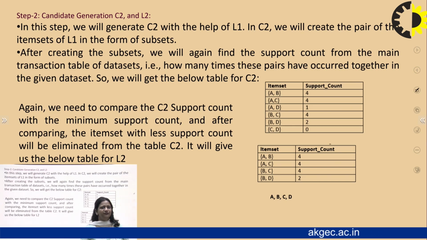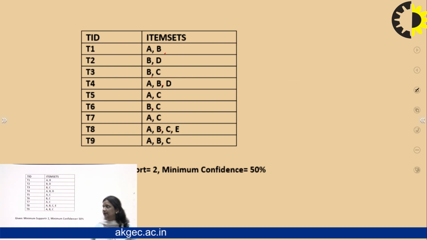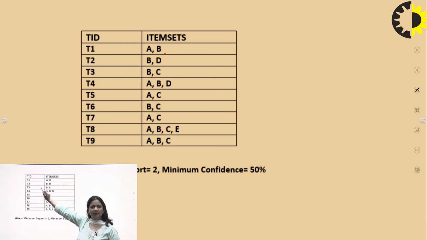Now as in the first step, we generate the support count for these item sets. So how can we calculate the support count? For AB, the items A and B are used together. In this transaction there is a B but A is not included, so we are not going to count this. AB 1, AB 2, AB 3, AB 4.